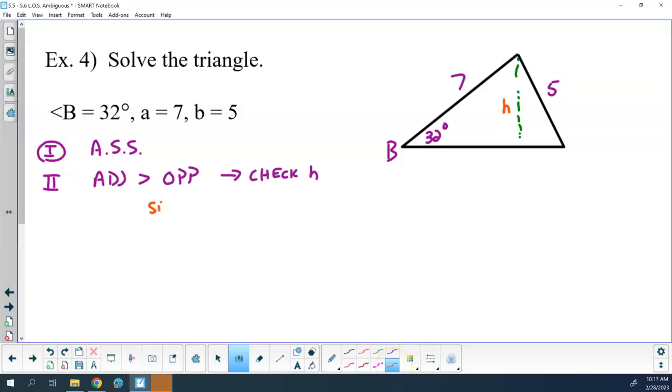So the sine of 32 degrees is going to equal H over 7. I get my H is 3.709-ish.